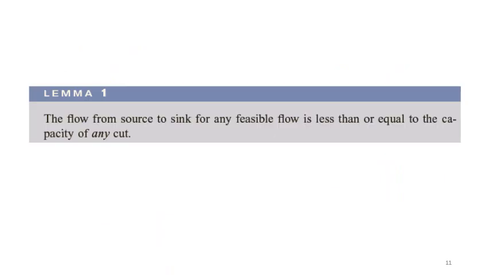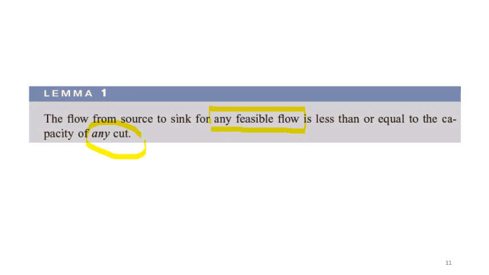Now, based on the idea of cut, this is the first lemma. It says that the flow from source to sink for any feasible flow must be less than or equal to the capacity of any cut.